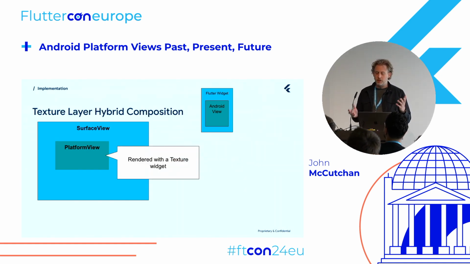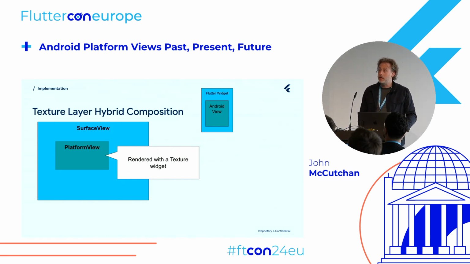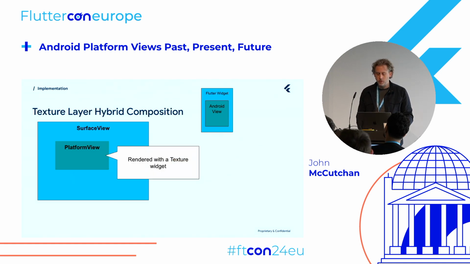So this brings us to texture layer hybrid composition mode, where the platform view is handled very carefully so that we can control the drawing. Note that here there's a border around the platform view because it's essentially a separate surface that Android is rendering. Here there's no border.